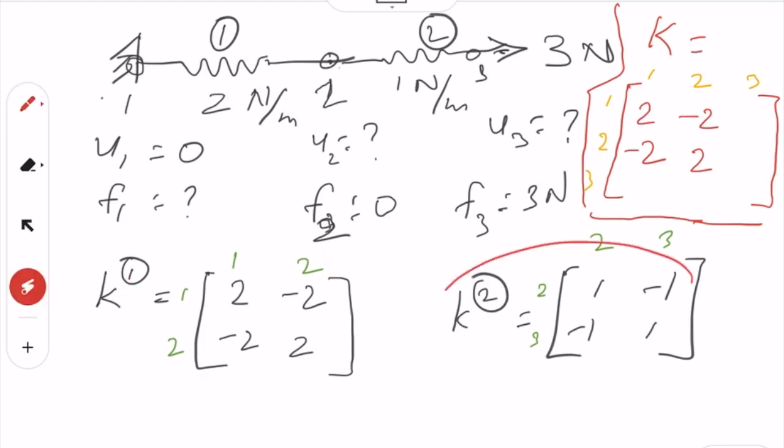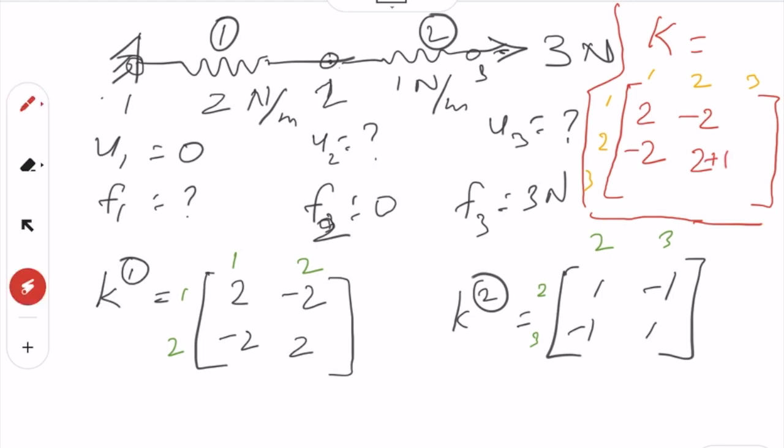Now let us move to K2. We have K2,2 is 1. So we have to add 1 here because already one thing is existing there.